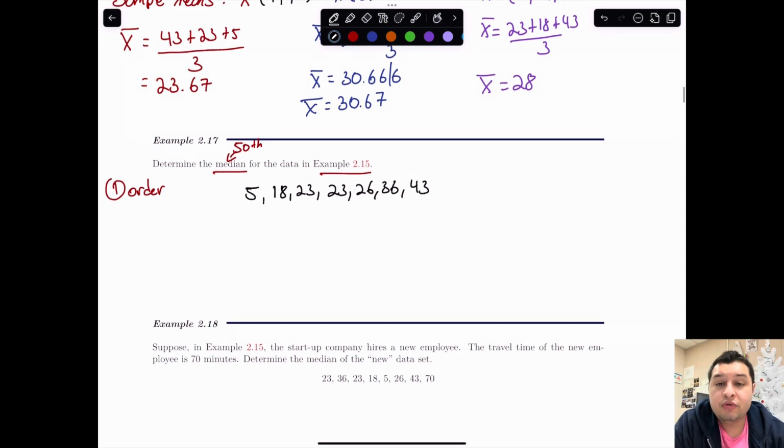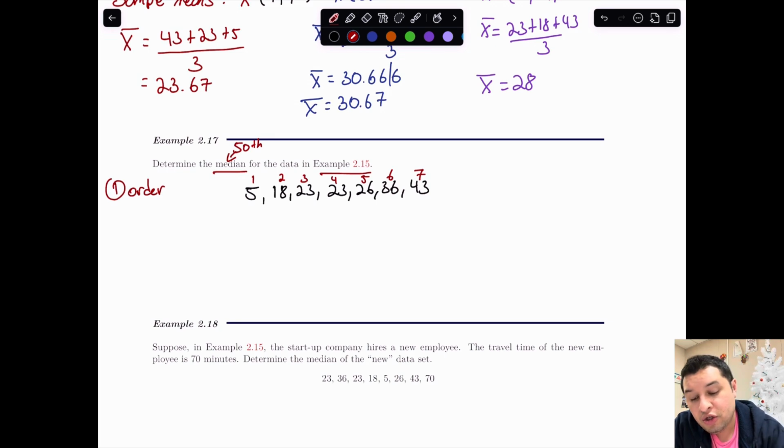The next thing we're gonna do is we're gonna go ahead and number them off. So I'm gonna number it right here: 1, 2, 3, 4, 5, 6, and 7. Now, if you remember back when we were finding the median and this thing called the locator for our quartiles, we're gonna do the same thing here. Our locator is going to be 0.5 times n. Why the 0.5? Because that is 50%.